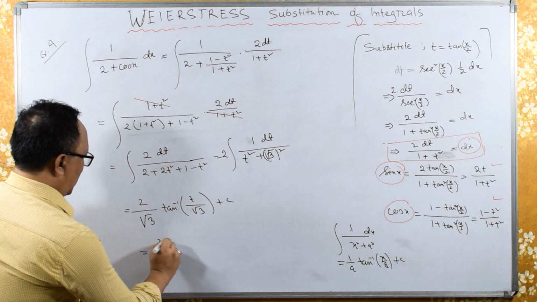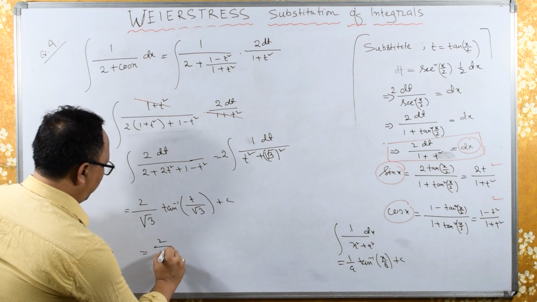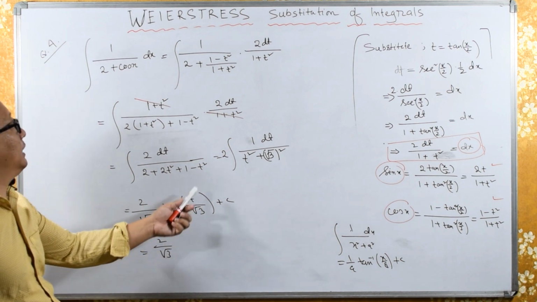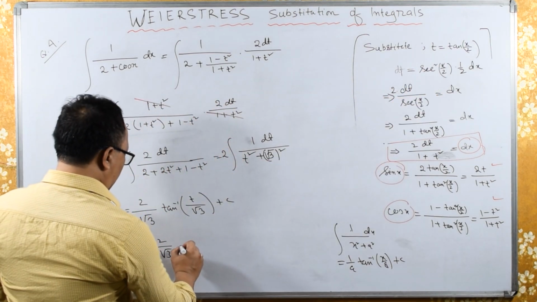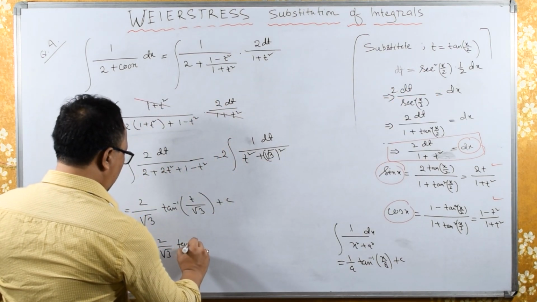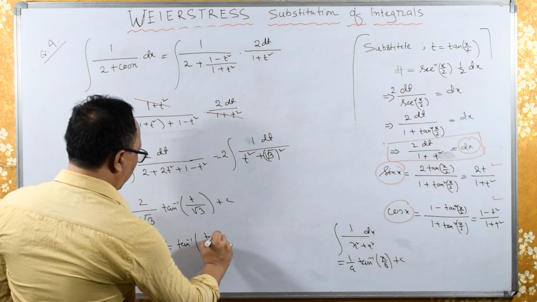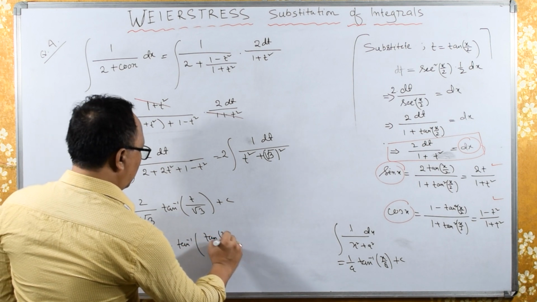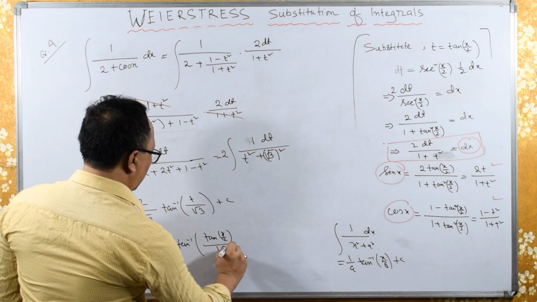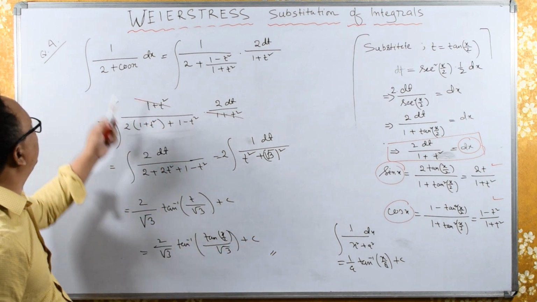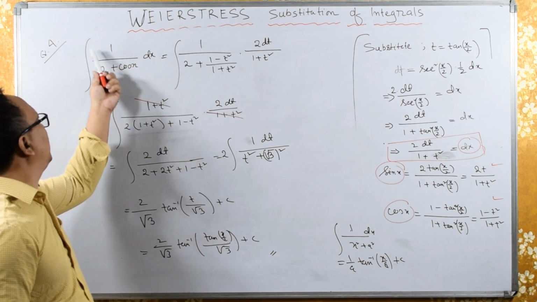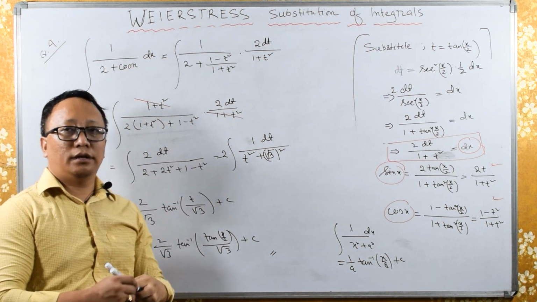Now you have to come back: what do you have to substitute? What is t? t is tan x by 2. So this is tan inverse of tan x by 2 upon root 3 plus c. This is the answer for integral 1 upon 2 plus cos x.